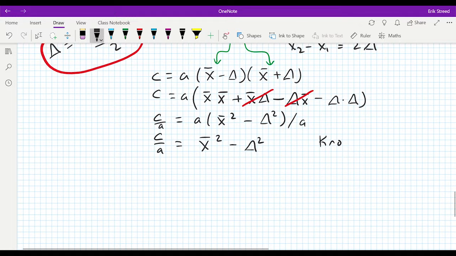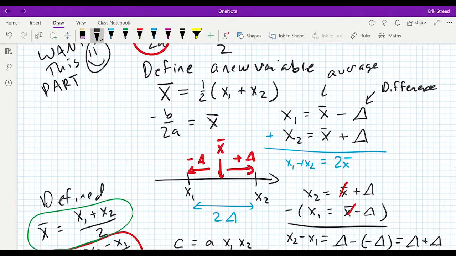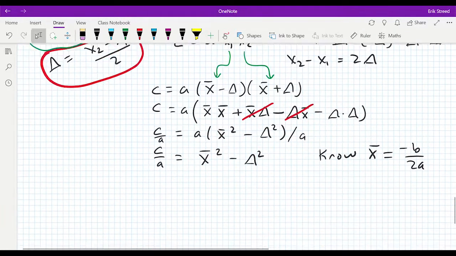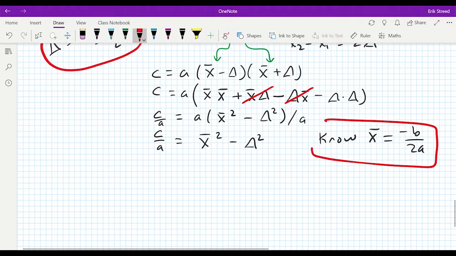Now we know X bar already. And let's get that. So that's just equal to negative B over 2A. Highlight that. Yay, we know that. So again, we're in the situation of we've got an equation here where we know this, and we know this, and we don't know delta.